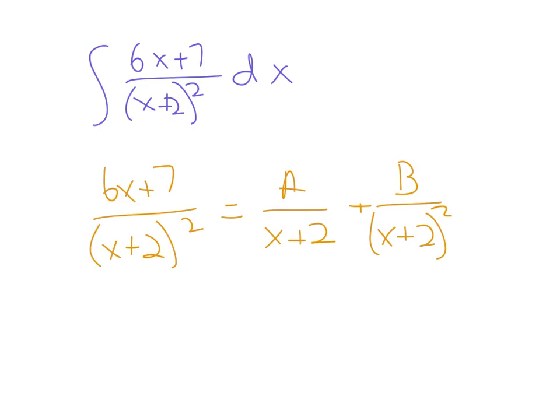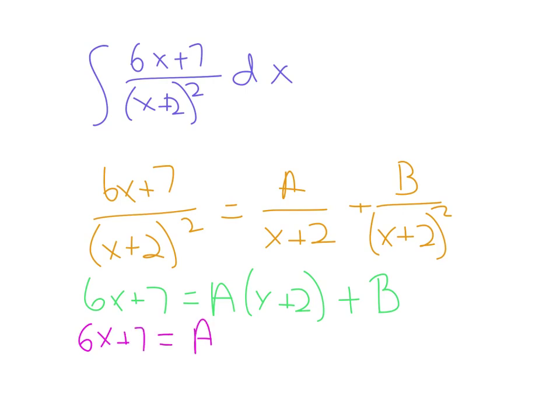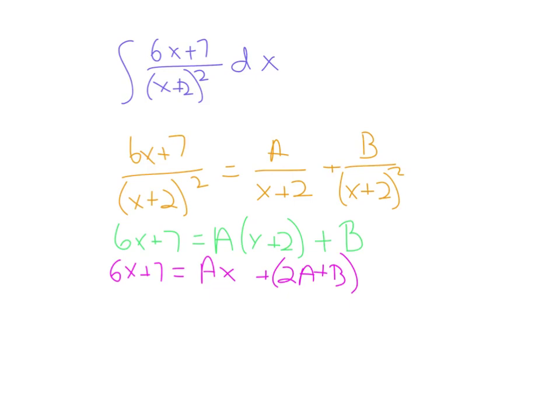Now when you multiply through, you're going to get 6x + 7 is A times (x + 2) plus B. And now I'll do it the second way, 6x + 7, that's going to be Ax + 2A + B. And this is going to mean A is 6 and 2A + B is 7, which means B is negative 5.